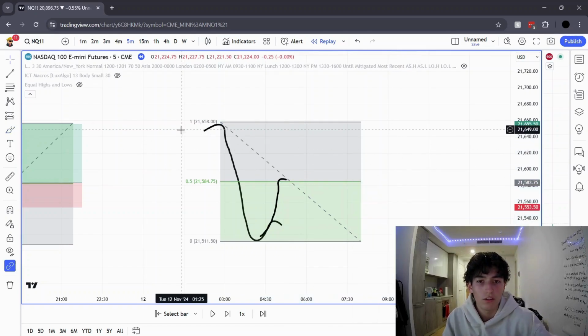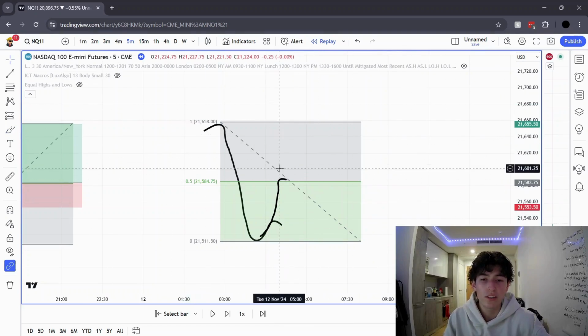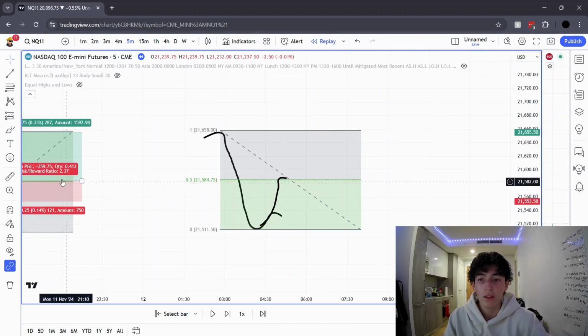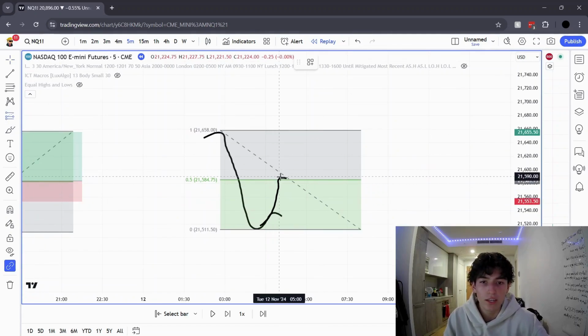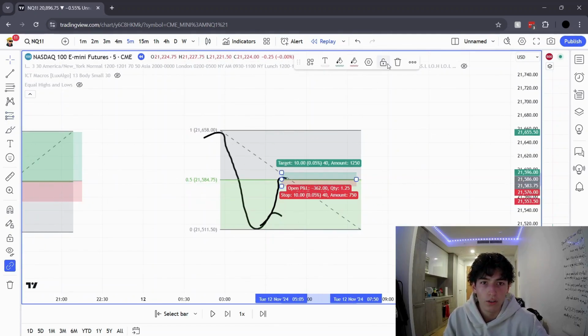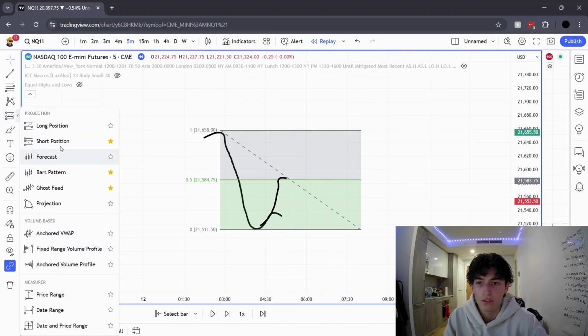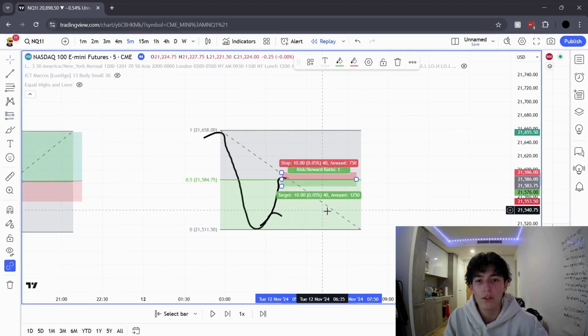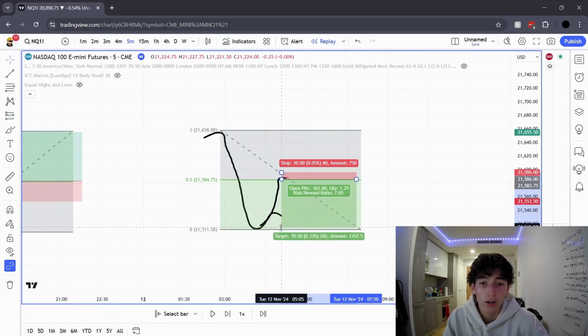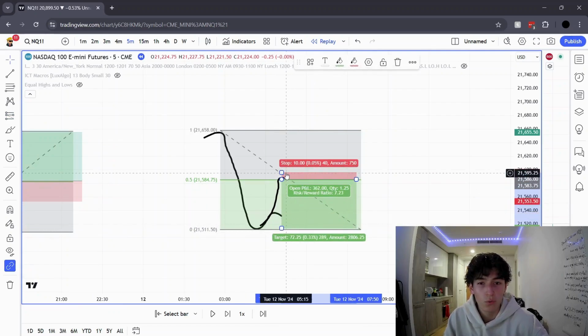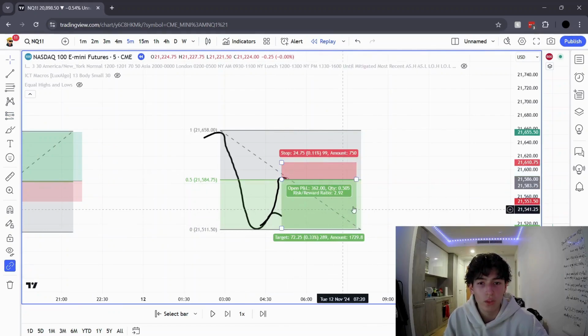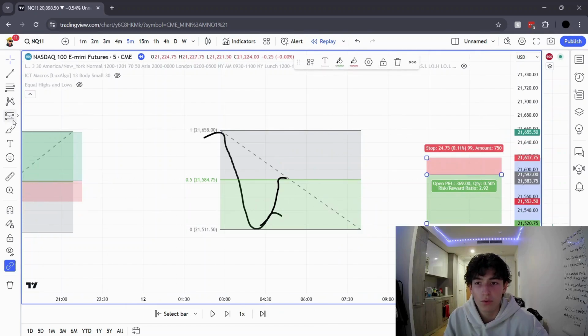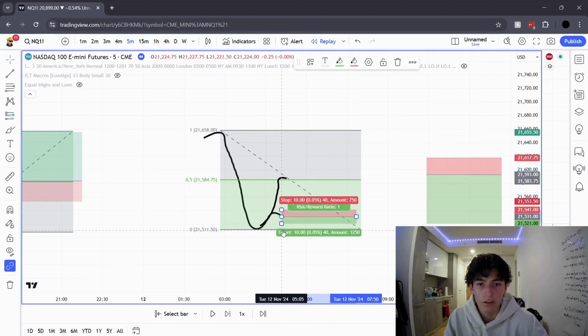Because if your bias is bearish, you think it's going to go lower, you'd rather look for shorts here, where, hold on, let me change this, short position. You'd rather be looking for shorts here where your risk to reward is much better, right? Than if you were looking for shorts all the way down here where your risk to reward isn't that great.